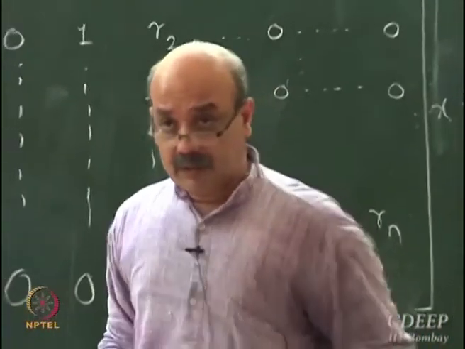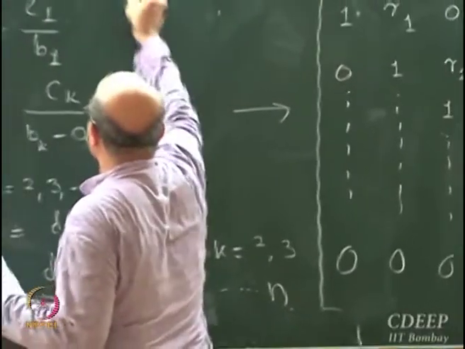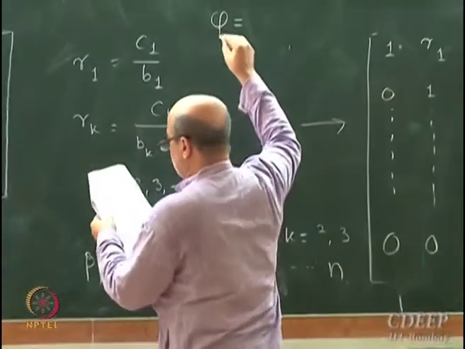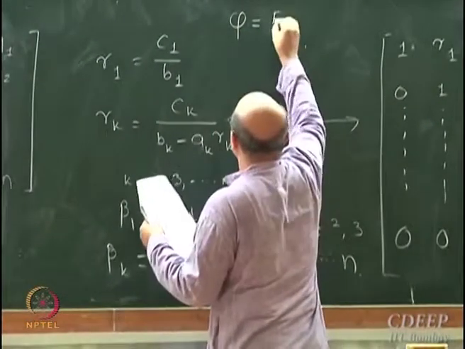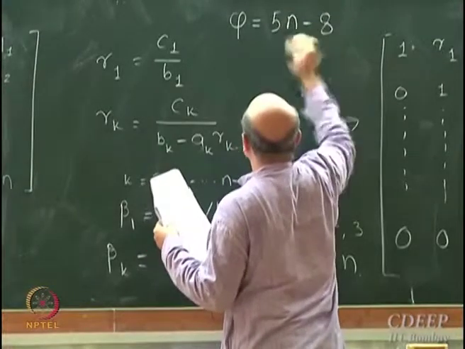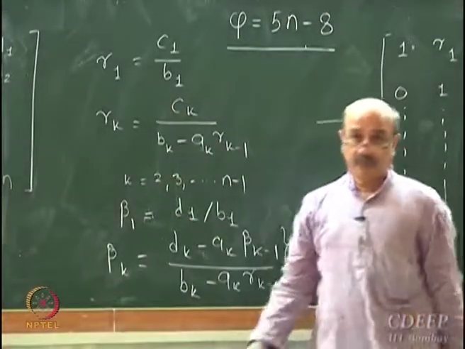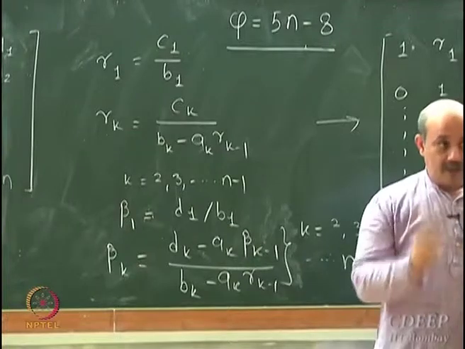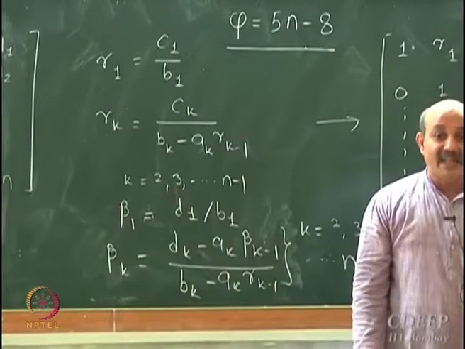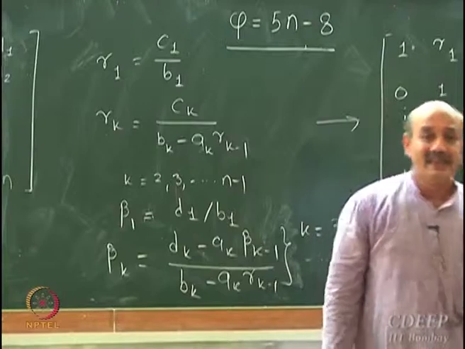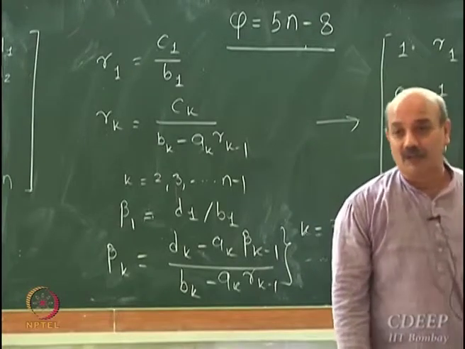The point to take home is that the number of multiplications and divisions for this case is reduced to 5n minus 8. This is just a linear function of n as against a cubic function of n.